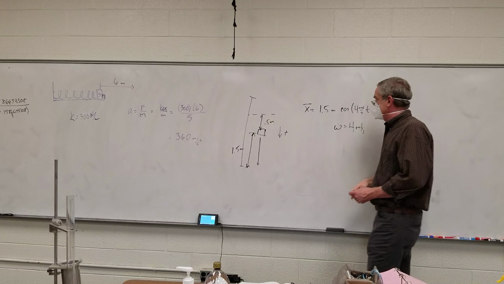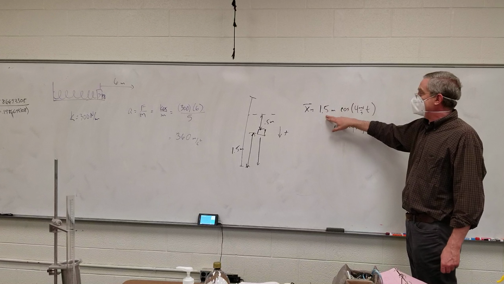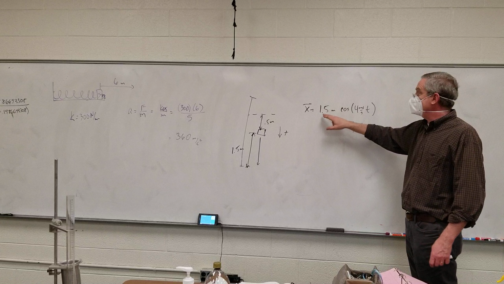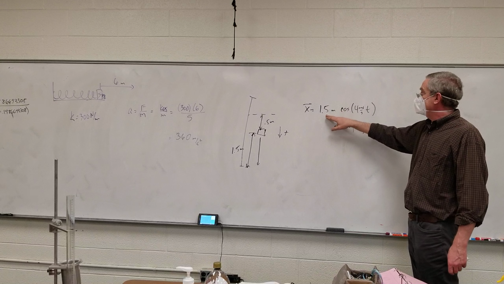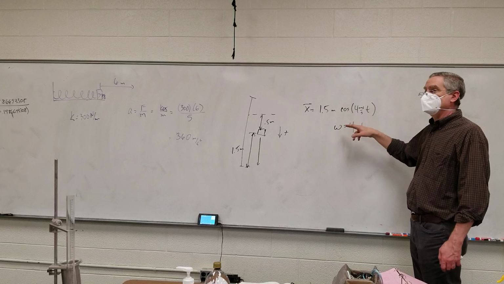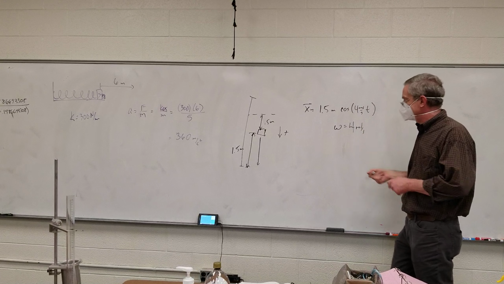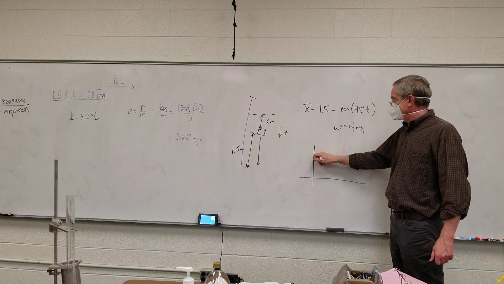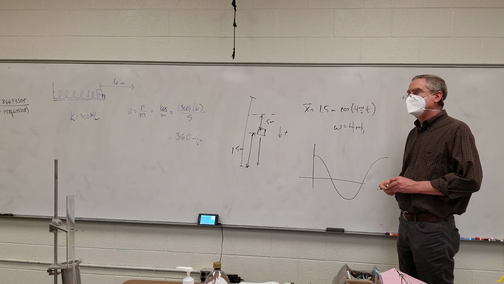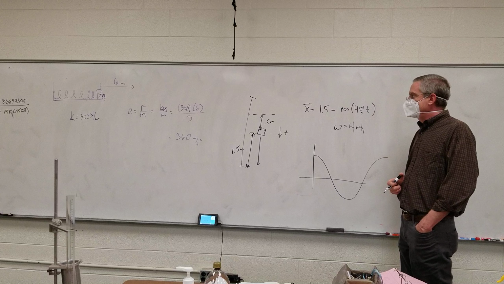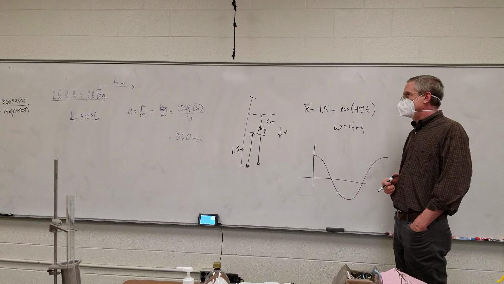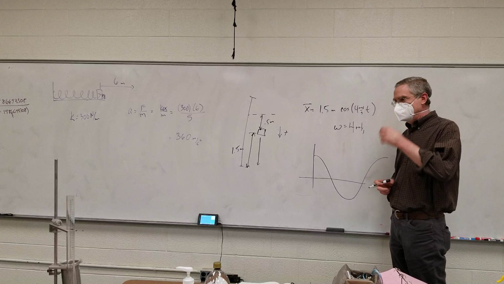But this establishes that I start out 1.5 meters from 0, and then it goes to 0, then to negative 1.5 meters, then back to 0, then back to positive 1.5. So it doesn't go back down to just 0.85.